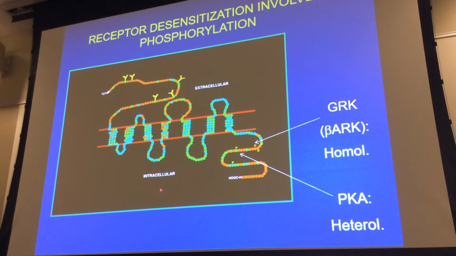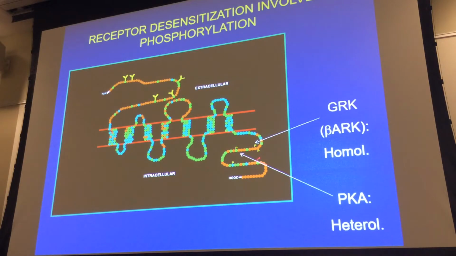When the G protein dissociates, now this portion of the molecule contains these phosphorylation sites that become accessible for specific kinases. These are enzymes that phosphorylate amino acids on proteins.